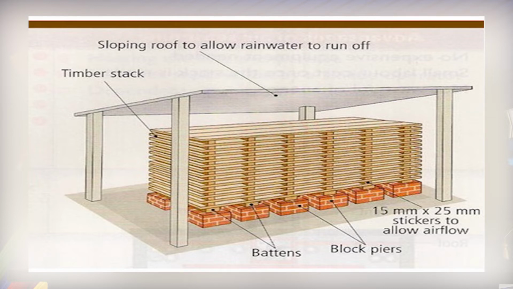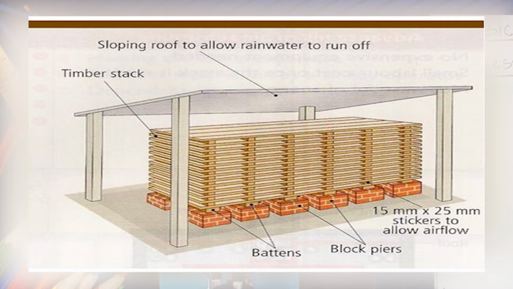When I say a shade, a temporary structure where you have a roof and about 4 pillars holding the roof. And under the shade, you have stacks of logs. You will see that under the shade, the logs are separated. You see spaces in between each of these lines and stacks.